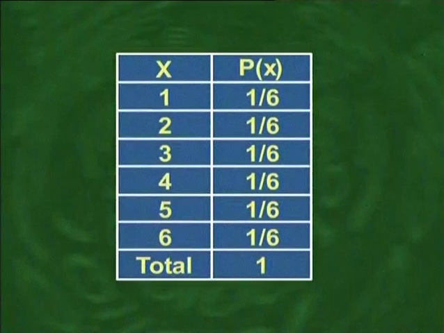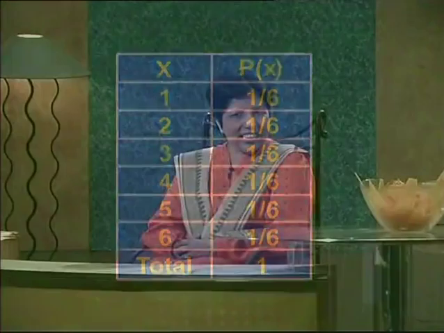The sum of the probabilities is 1 and none of the probabilities is negative, hence we are dealing with a proper discrete probability distribution. आपने देखा कि इस particular probability distribution में तमाम probabilities identical हैं.